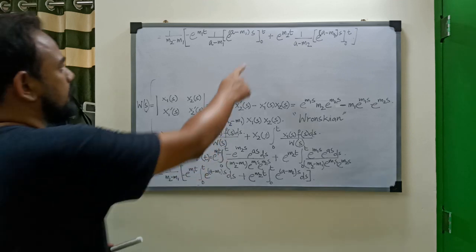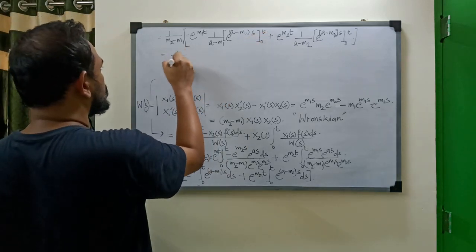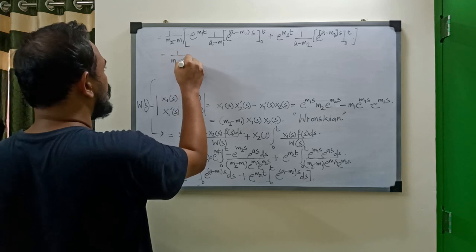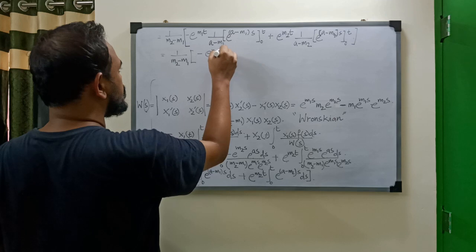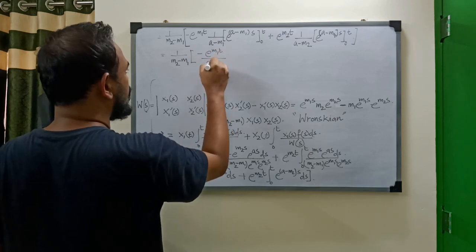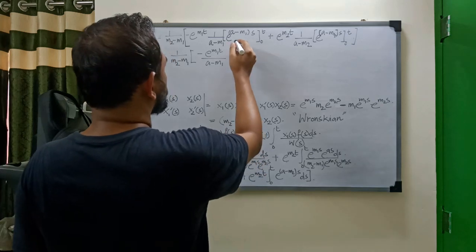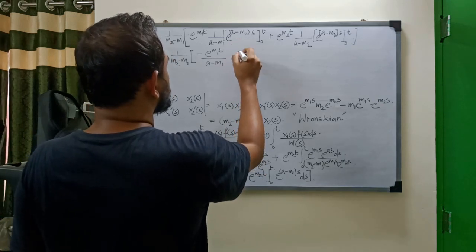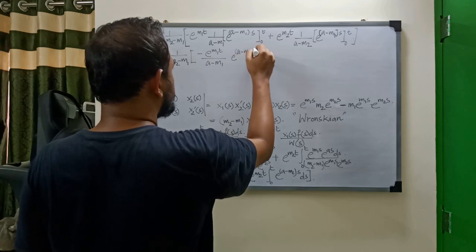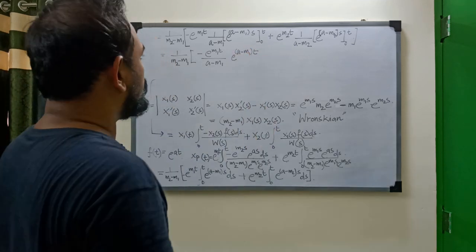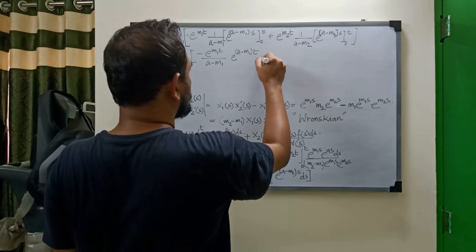So let's just put the limits here and work this out. m2 minus m1, there's a negative e to the m1t over a minus m1, and this is going to be e to the a minus m1 t. And when you put in 0, you're going to get a negative 1 here.